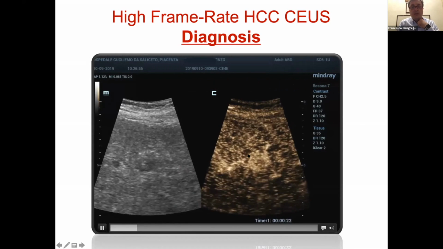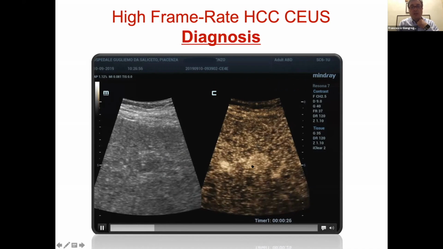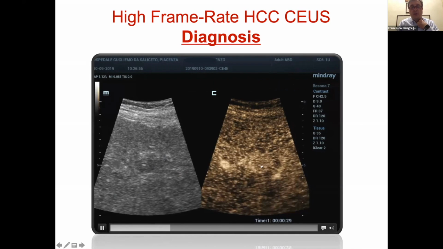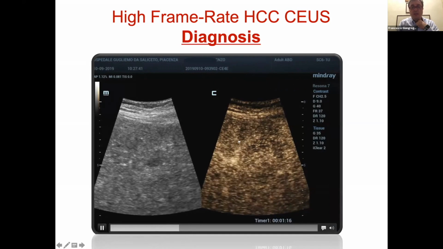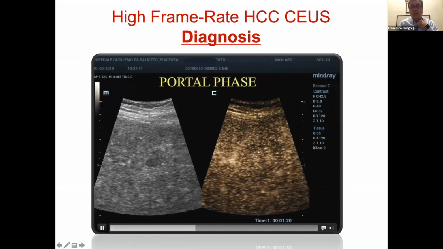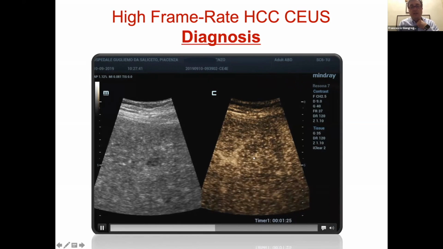But here you can see the hypervascularization in the early arterial phase, the vascularization that is homogeneous with the other hepatic parenchyma during late arterial, portal, and late phase.